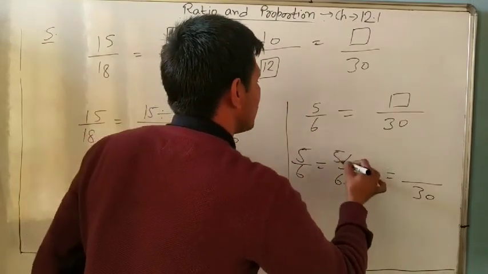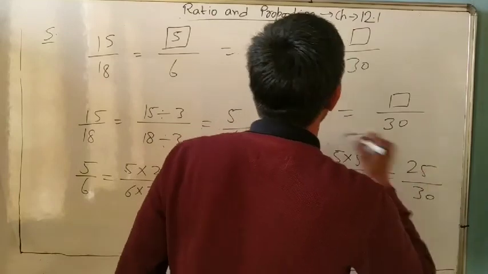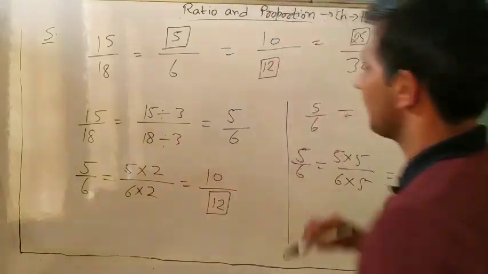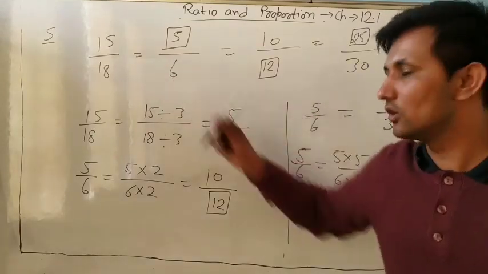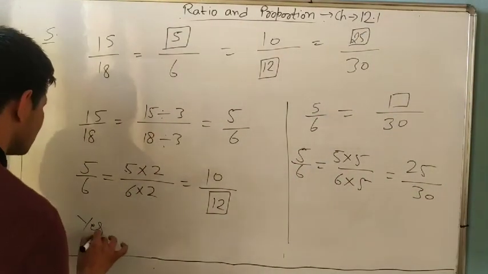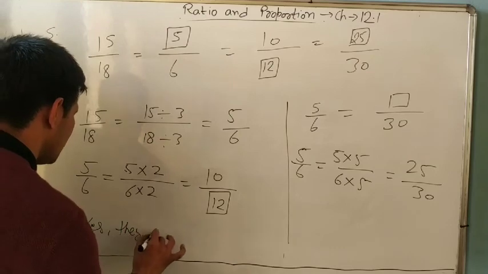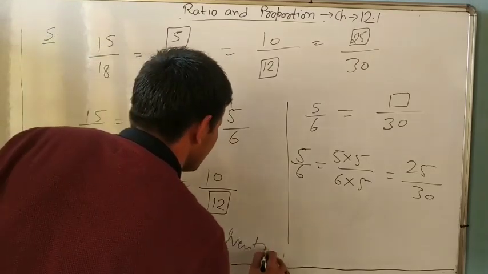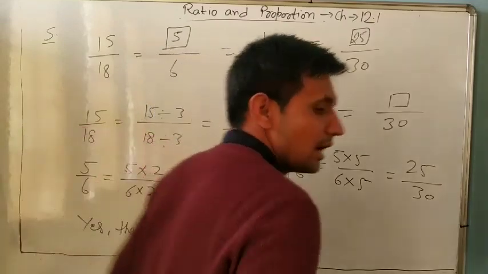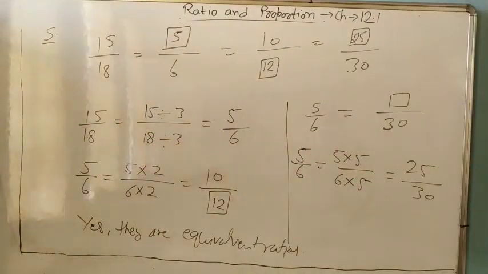So 6 into 5, 5 into 5, so 25. So it comes 25. Yes, they are equivalent. Yes, all are equal. So you write yes, they are equivalent ratios. Understand it? I hope you understand it.